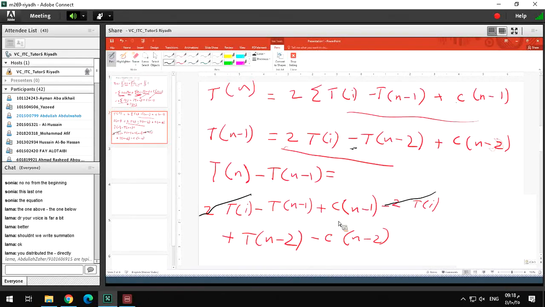And when I apply the minus, minus with minus becomes plus, and plus with minus becomes minus. Don't forget that what I'm doing is subtraction. So the minus becomes plus and the plus becomes minus in the second half.